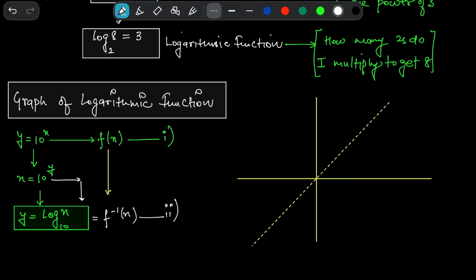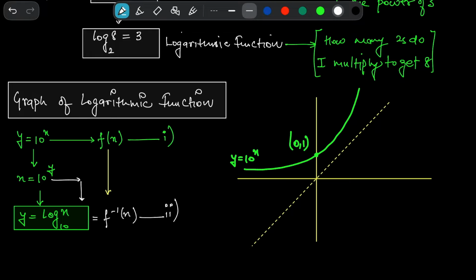First of all, I will draw the graph of y equals 10 raised to power x. After taking the points, we will get the graph of y equals f of x like this. It will intersect the y-axis at 0 comma 1. So this is your y equals 10 raised to power x graph.